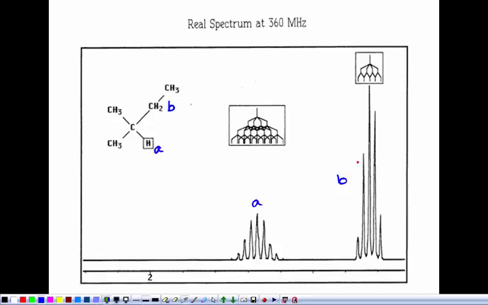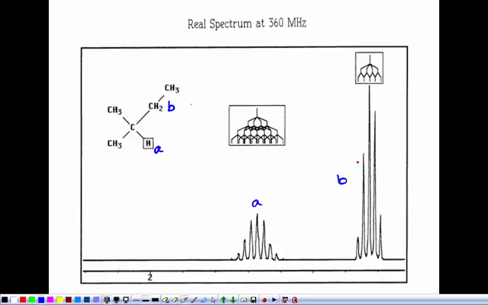So if I call the CH A and I call the CH2 B, this would be the A splitting pattern and this would be the B splitting pattern. The A hydrogen has 6 plus 2, 8 neighbors, and the B has 3 plus 1, it's got 4 neighbors. It would be a 9-peak pattern and a 5-peak pattern, and that pretty much matches up.